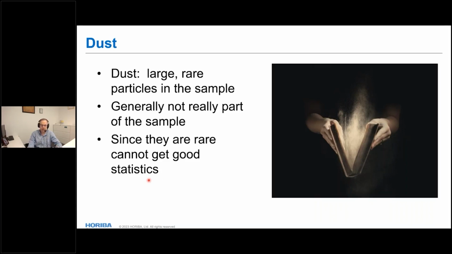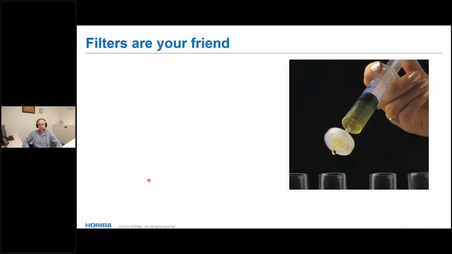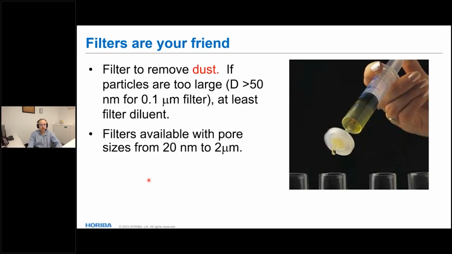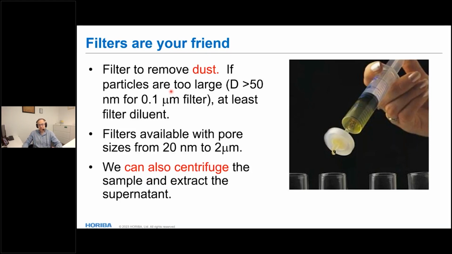And so you want to spend some time and effort making sure that you work in a clean environment, that your liquids and so on are clean. So you will find out that filters are your friend. I often travel around with a selection of filters for different liquids and with different pore sizes, and I use them to remove dust.